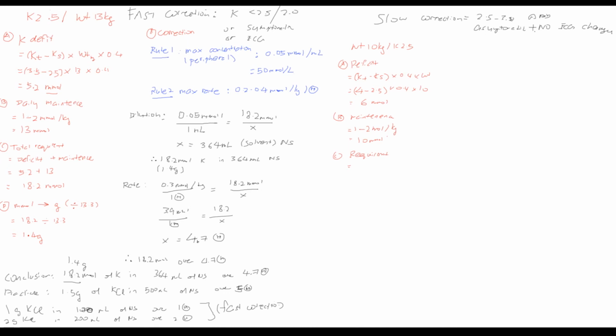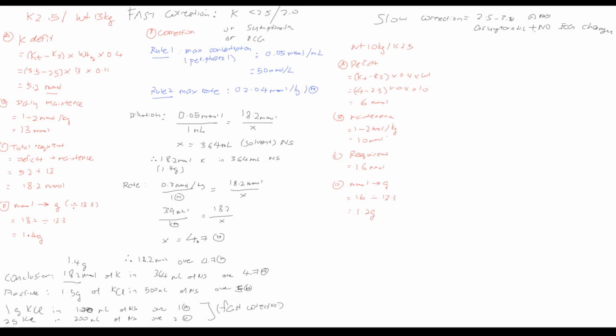We take the deficit plus the maintenance, which is 16 millimoles. Converting millimoles to grams again, we get 16 divided by 13.3, and we get the value of 1.2 grams of potassium.